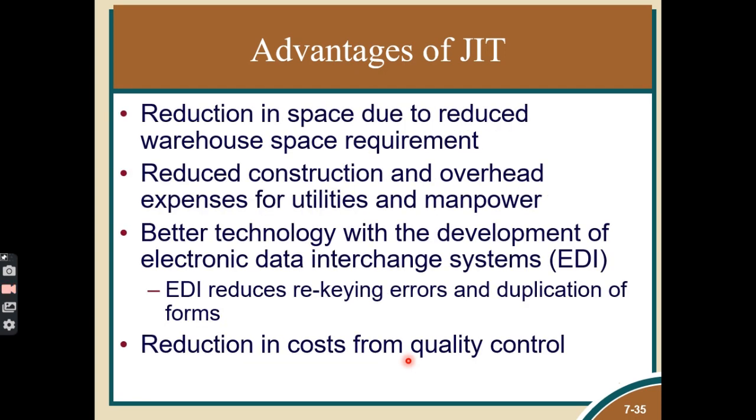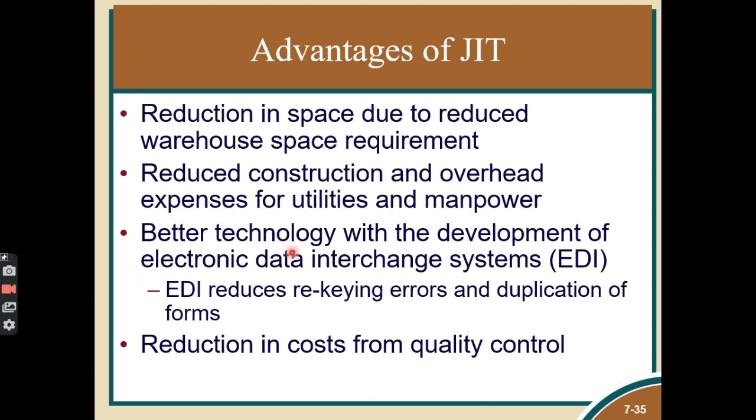So these are the advantages. Advantage number 1 is that there is a reduction in the space that is needed in the warehouse because basically you don't need the warehouse anymore. Second, reduced construction and overhead expenses for utilities and manpower. Because since there is no overproduction, you are only going to pay your manpower and use utilities and equipment when you need them.